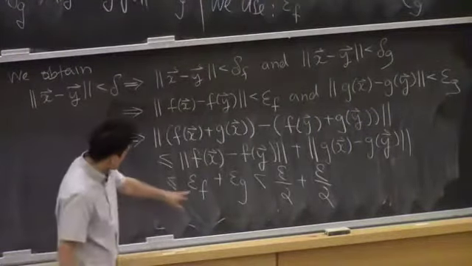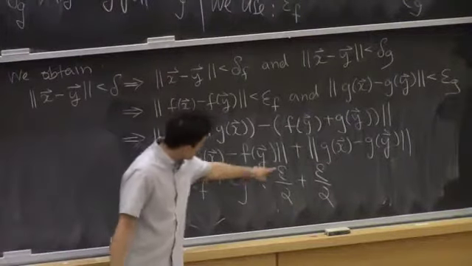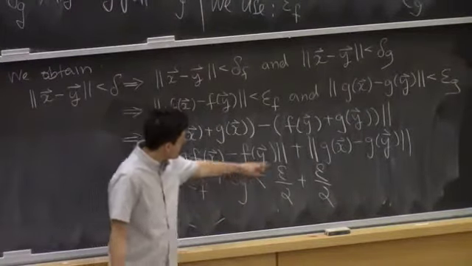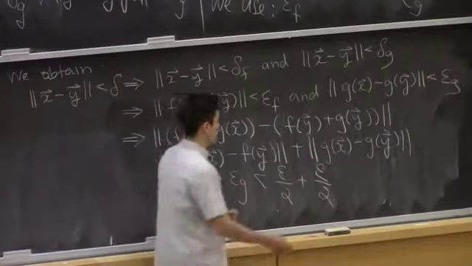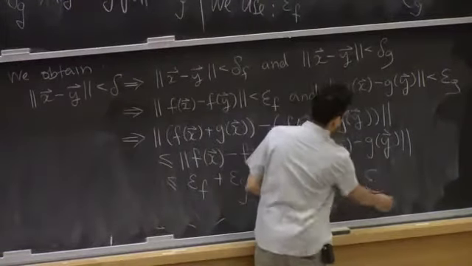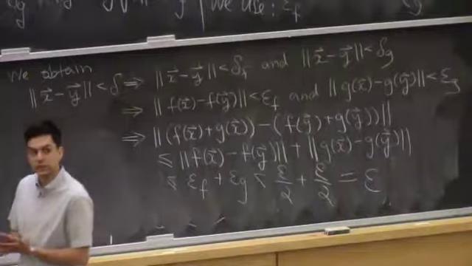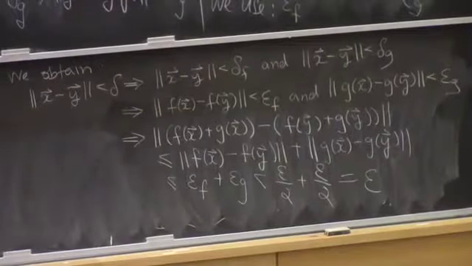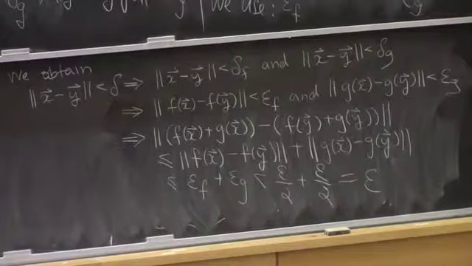Now we picked epsilon f to be less than epsilon over 2, epsilon g to be less than epsilon over 2. So our final thing is less than epsilon. Okay, very good. So it's a long argument.